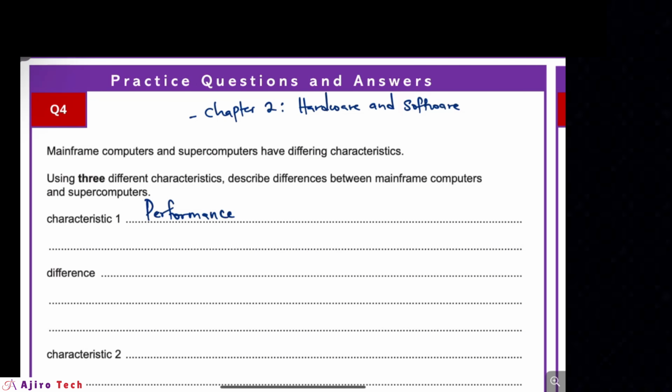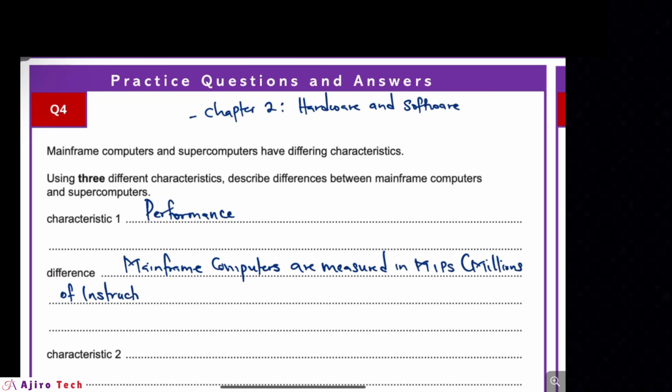So, okay, mainframe computers are measured in MIPS. This means what? Millions of instructions per second.